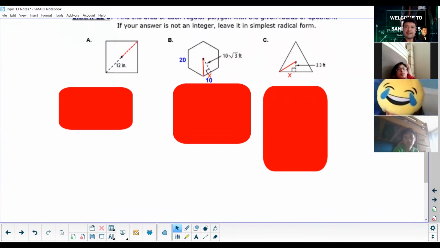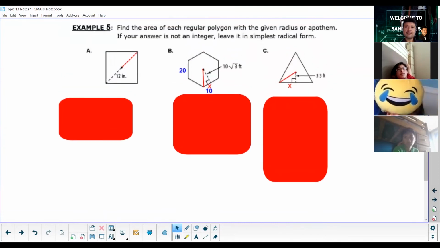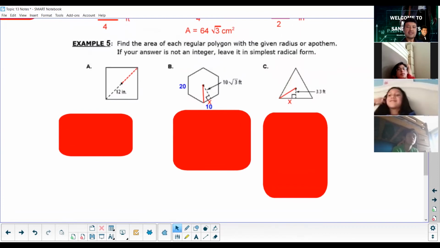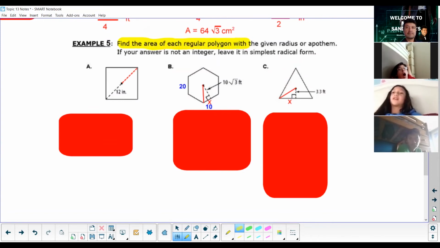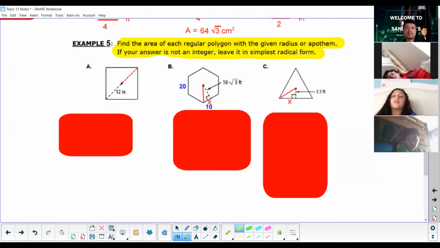Okay, Celeste, go ahead and read example 5 for us. Find the area of each regular polygon with the given radius or apothem. If your answer is not an integer, leave it in the simplest radical form.